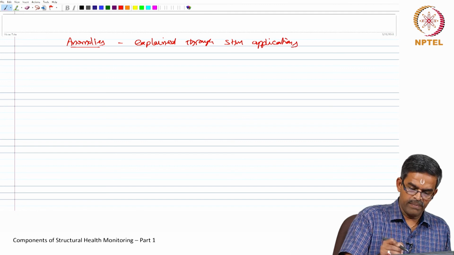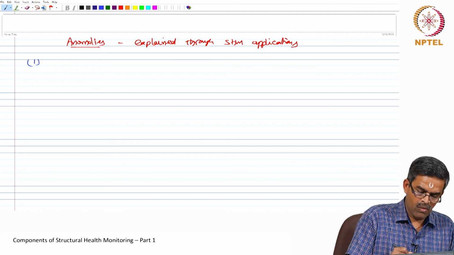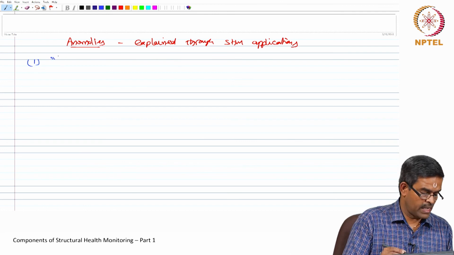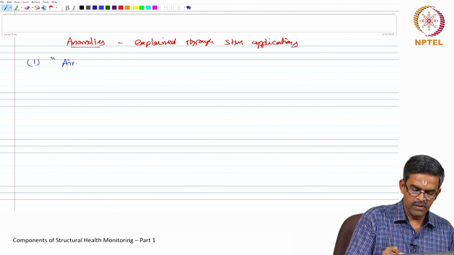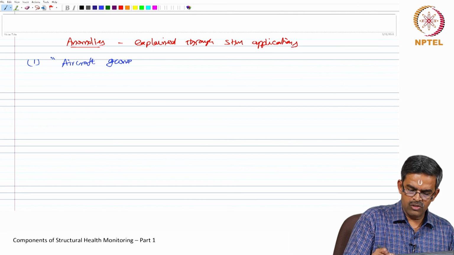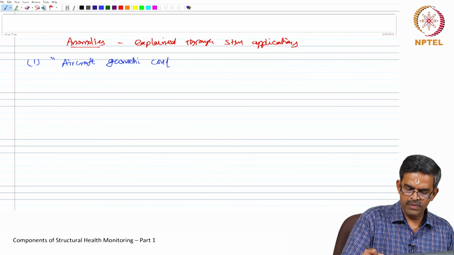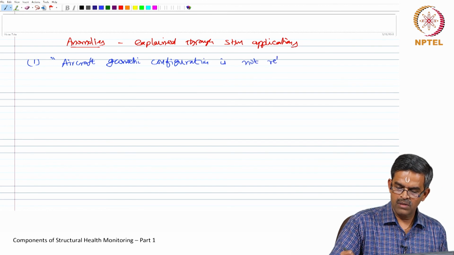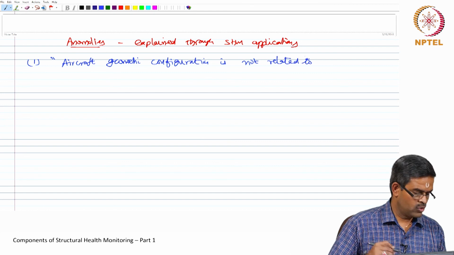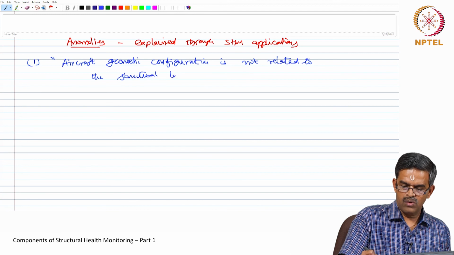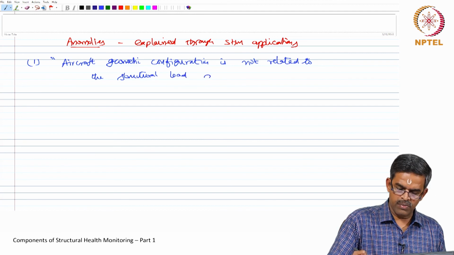Let us see what they are. One, there is a statement which is believed in aircraft design stating that aircraft geometric configuration is not related to the structural load disbursement.